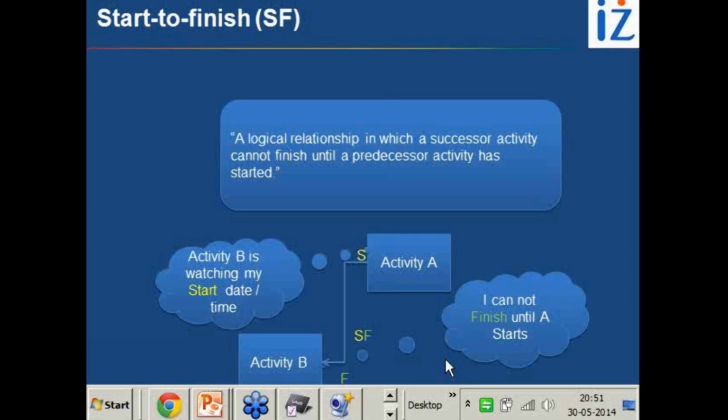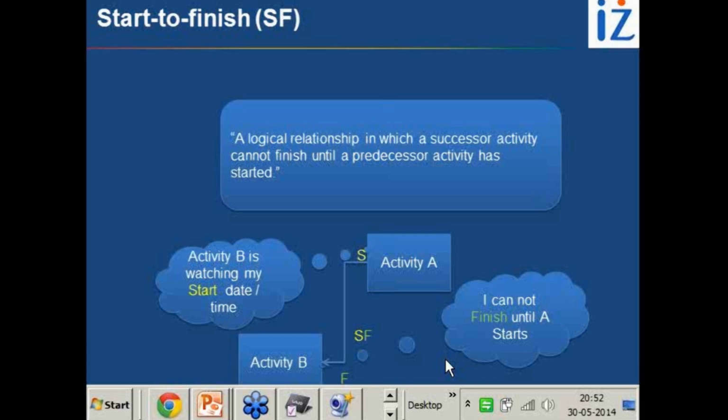Now, what is fast tracking? Fast tracking is where there is a relationship, but you are violating or compromising the relationship and starting something in advance. For example, ideally, development should only start once the design is finished, but you want to fast track.